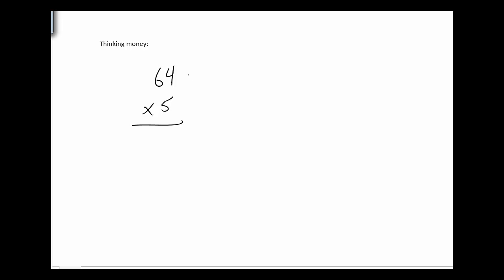So if you think of it, I'm going to divide that by 2, but I'm going to multiply that one by 2. And so here I get 32 dimes times the 10, and we can see that that's 320. In other words, divide one by 2, multiply the other by 2, but it only works because we're multiplying by 5. So we can think of it that way.